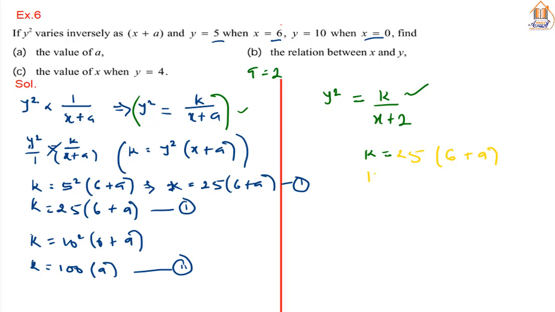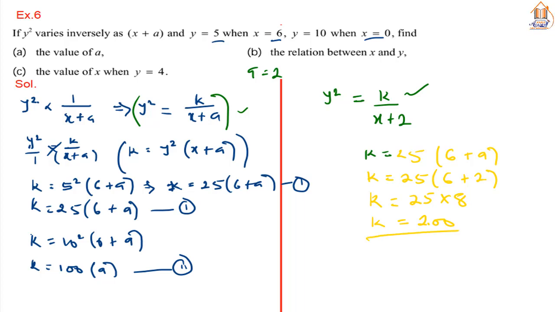So k is equal to 25 times 6 plus 2. 6 plus 2 is going to give us 8. So k is equal to 25 times 8. 25 times 8 is going to give us 200. So k is equal to 200.